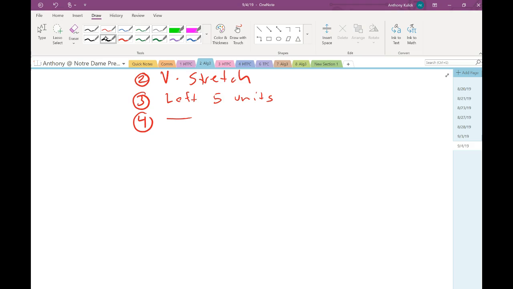So is it going to be important that you know those 4 criteria and kind of what they do? In fact, we're going to see that over and over and over again the entire semester. This idea of a transformation of a parent function is kind of how we're going to introduce all the graphing that we're going to do in this course.